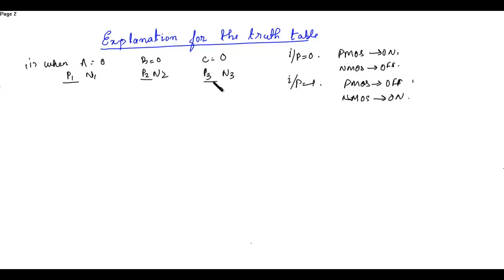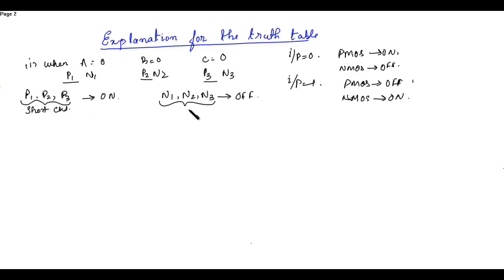So P1, P2 and P3 will turn on. N1, N2 and N3 turn off. When P1, P2 and P3 turn on, they get short circuited.